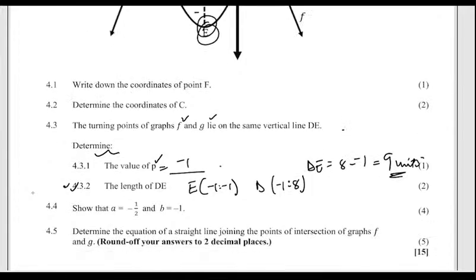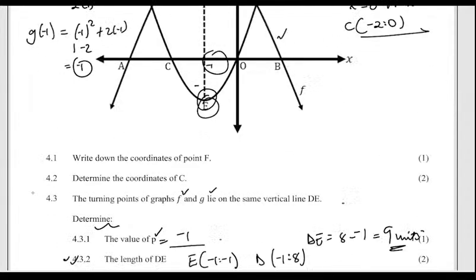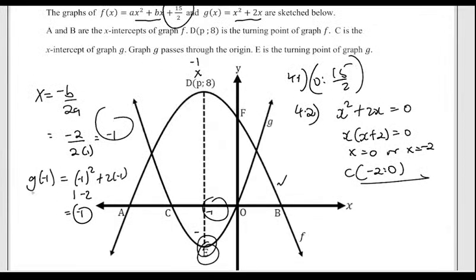All right, then 4.4, can we show that a is negative 1/2 and b is negative 1? So in this case, what are we going to do? Since I have the coordinates of the turning point now, I can use the turning point approach to work out this equation.